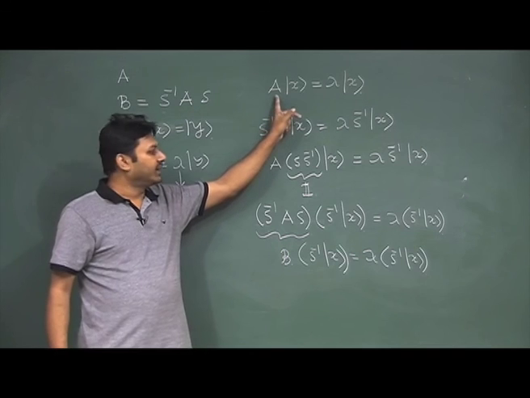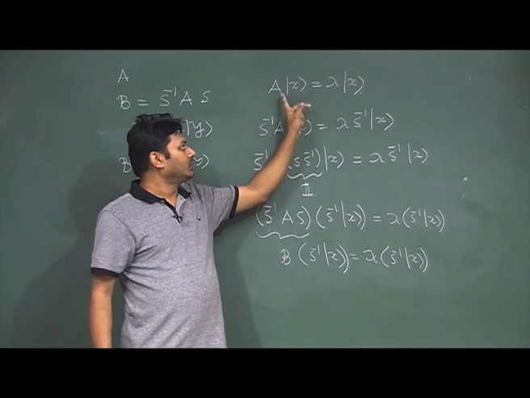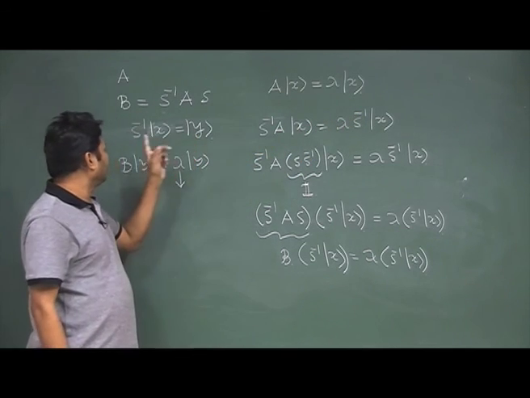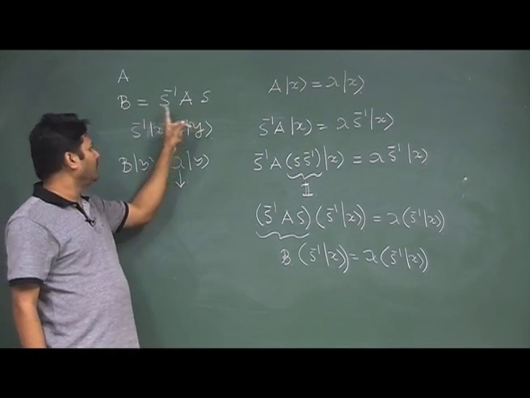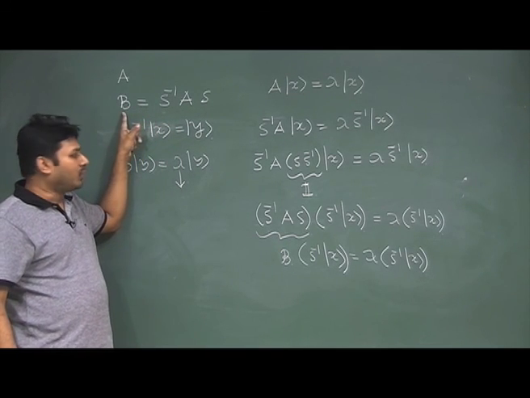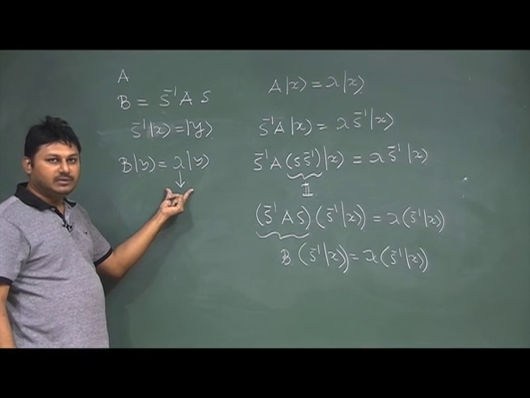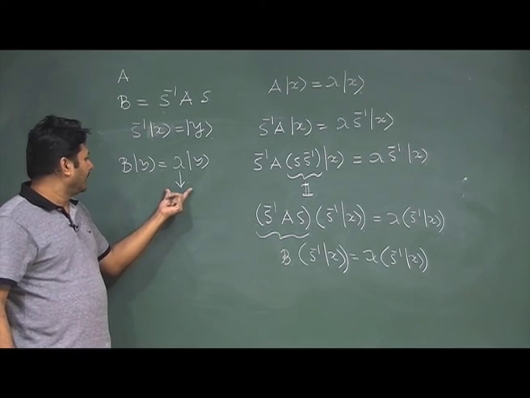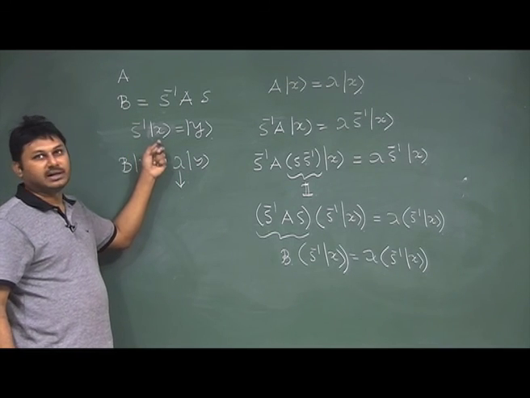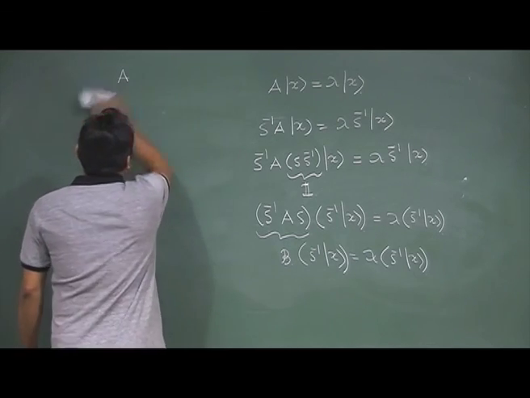I have A in my hand, lambda is the eigenvalue of A, x is the eigenvector of that. I make a similarity transformation and find B is my new matrix; what is the eigenvalue of that? I find the eigenvalue will remain the same as that of A, but the eigenvector is changed, and the eigenvector will be something like this. This is again a small thing.